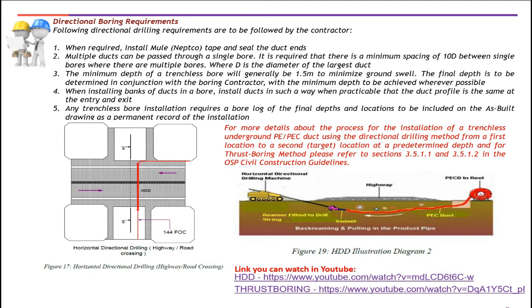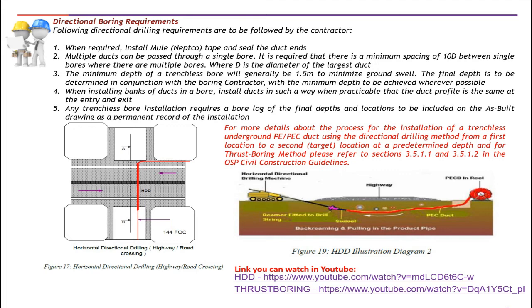It is required that there is a minimum spacing of 10 times the diameter between single bores where there are multiple bores, where D is the diameter of the largest duct. To ensure the ground will not swell, make sure that the minimum depth of the bore is 1.5 meters with respect to the ground.